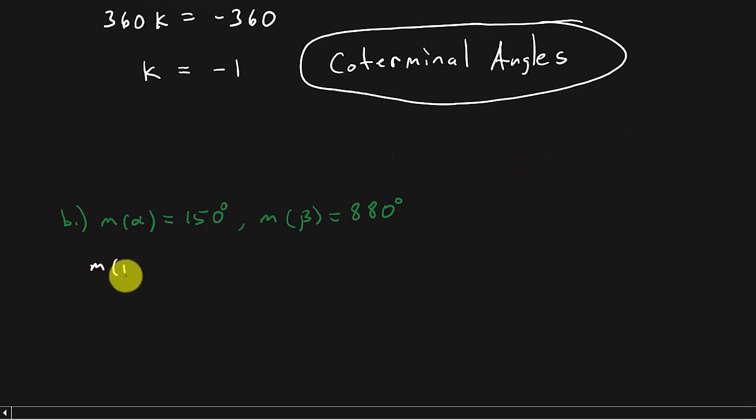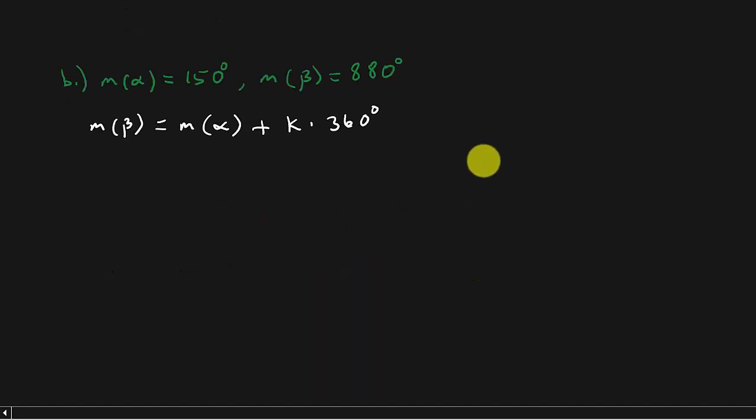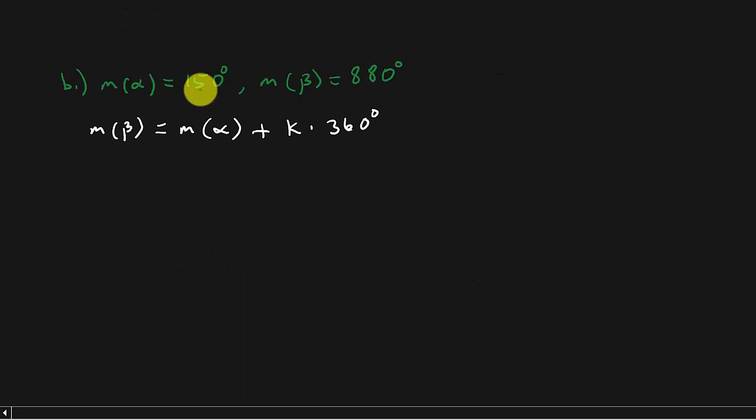All right. So let's look at this one. So we got the measure of beta is equal to the measure of alpha plus k times 360. All right, so let's plug everything in. So I'm going to plug the 150 in for the measure of alpha. So that's 150 plus 360k is equal to the measure of beta, which is 880.